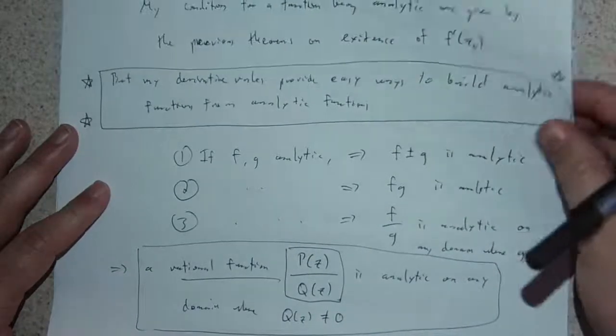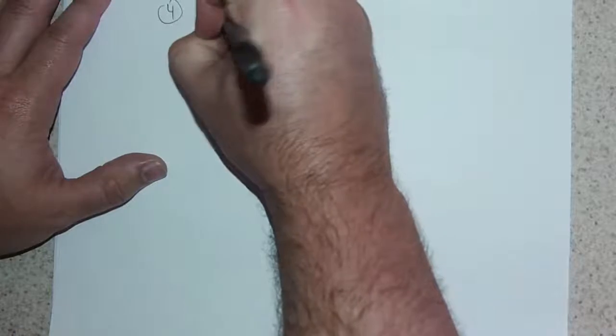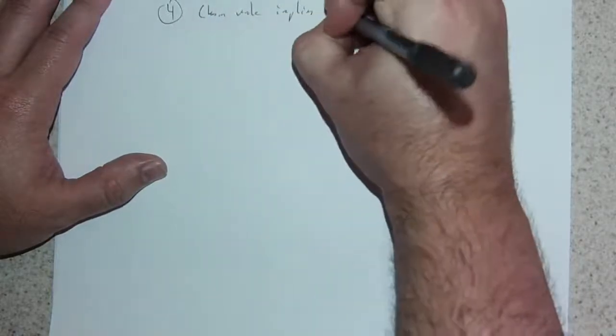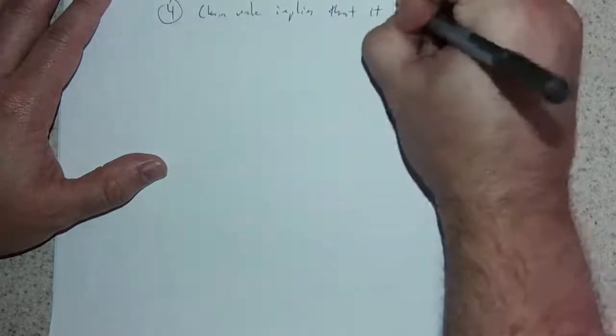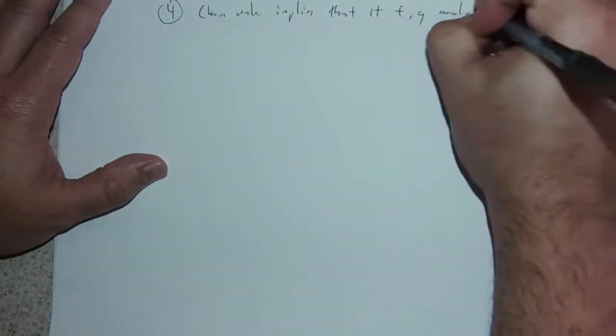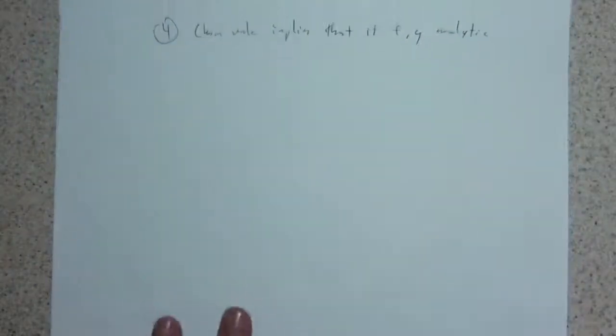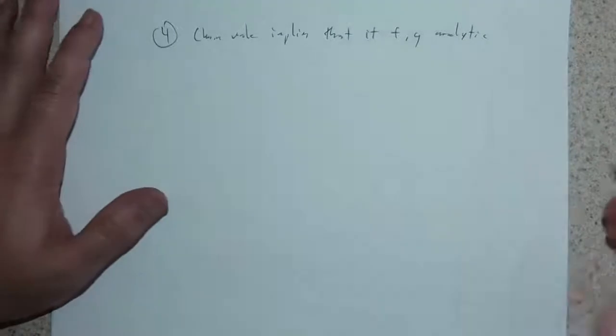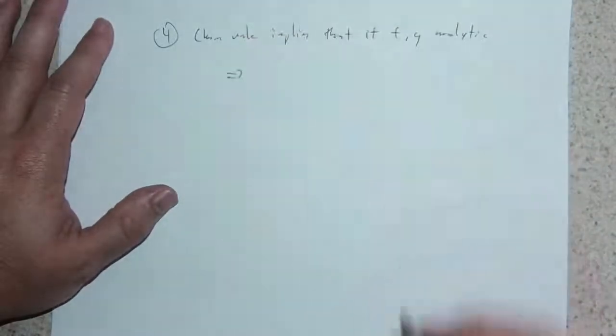So again, using the same derivative rules, it's true of the chain rule. So number 4, chain rule implies that if f and g are analytic, and of course the image of f lies in the domain of g, so all those things happen so that this thing is well defined, I'm not going to worry about that too much.